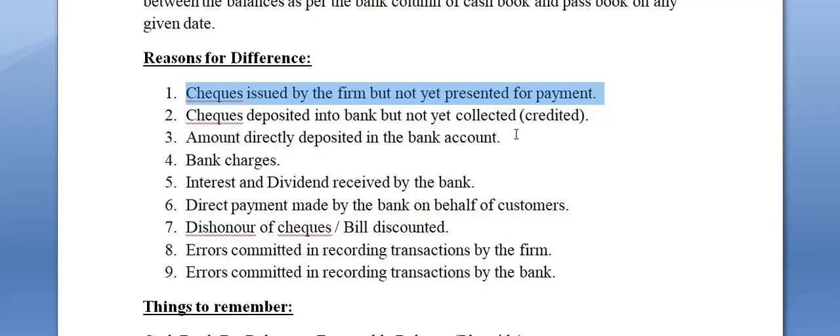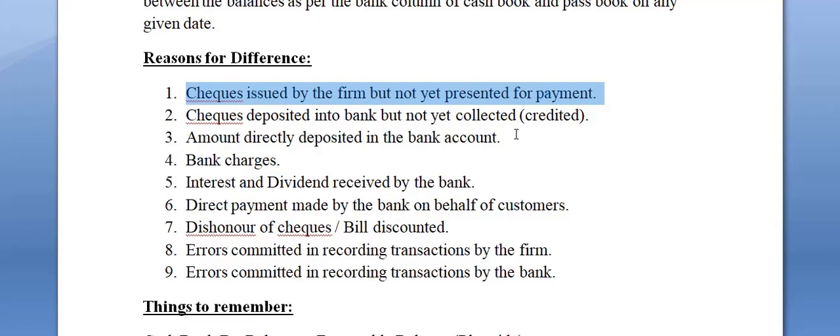But the other party, I mean your creditor or supplier, may not send their checks immediately for the payment. They may keep it for at least 5 days or maybe 10 days. But in between, you are matching the cash book and the passbook, and you will observe the difference.